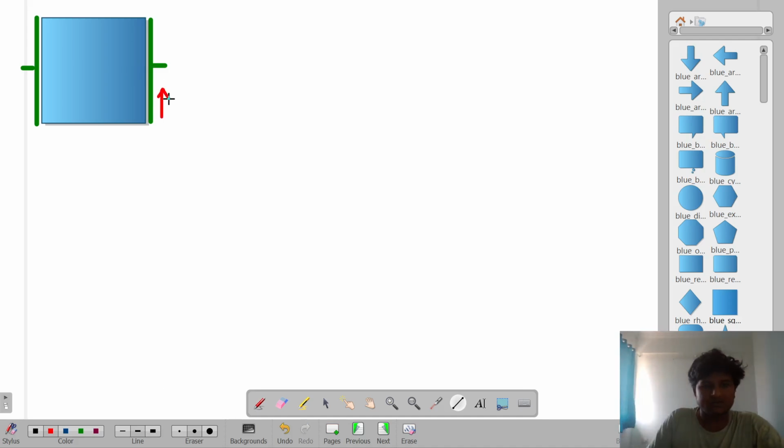Means K is varying in terms of length. Are you able to get me or not? So at any distance x, the value of K is given as alpha x plus beta. Is that clear?